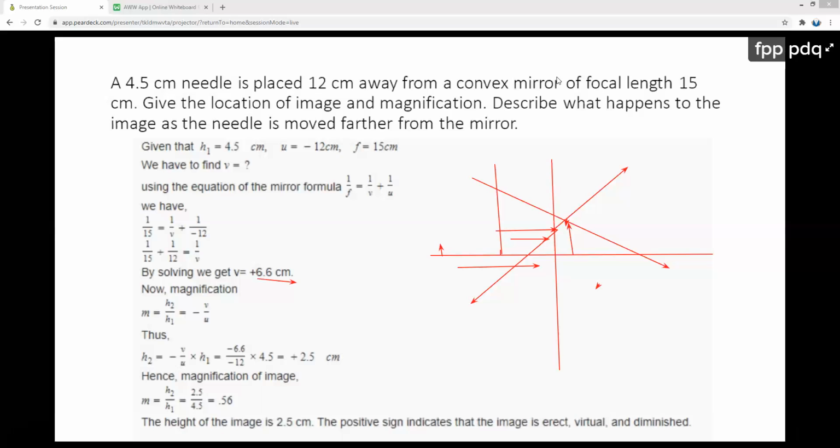And magnification, we know, is height of the image by height of the object, or minus v by u. So over here the magnification we get after calculation is 0.56, positive. So that's it. We have gotten the magnification and the height of the image.